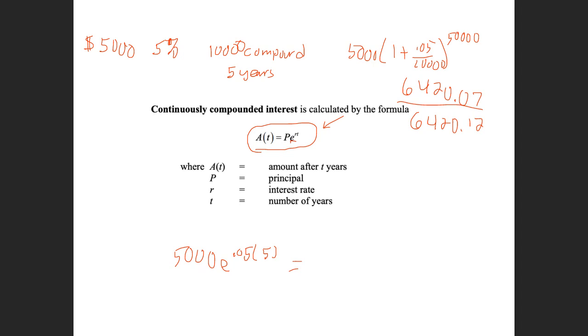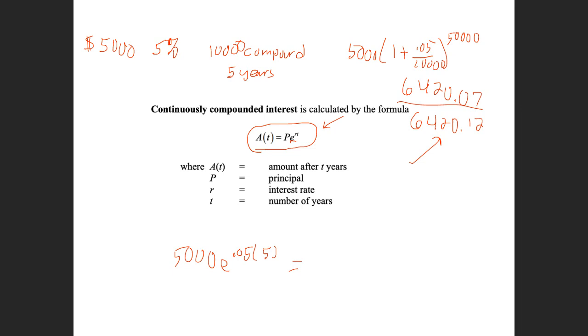Okay, so I'm hoping my answer is going to be very close to this, right? Because we compounded that 10,000 times, but the PERT one is continuous, so it probably is going to be a little bit more. It might be 13 cents or 14 cents, but it's going to be a little bit more because it's continuously compounded.